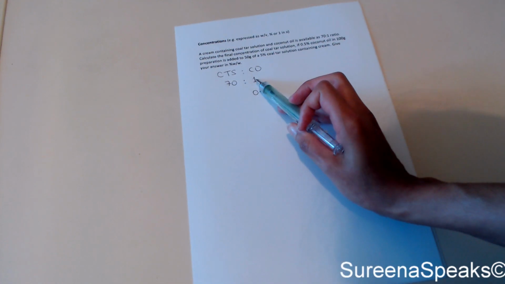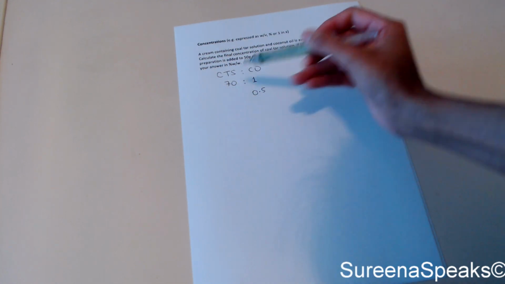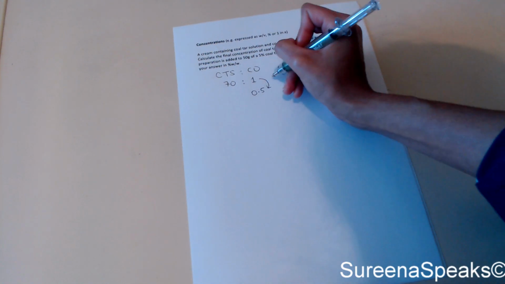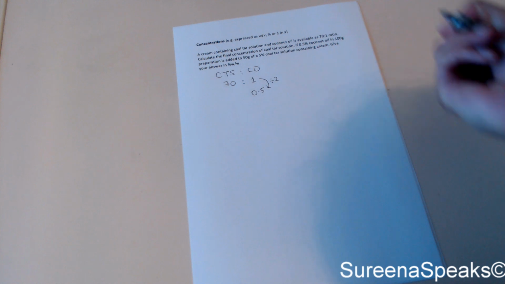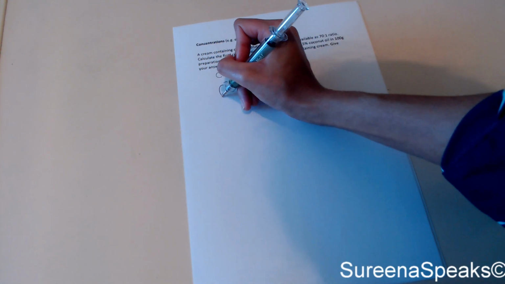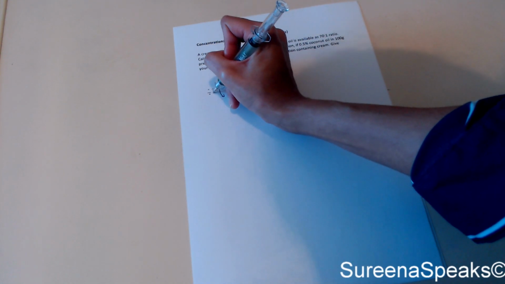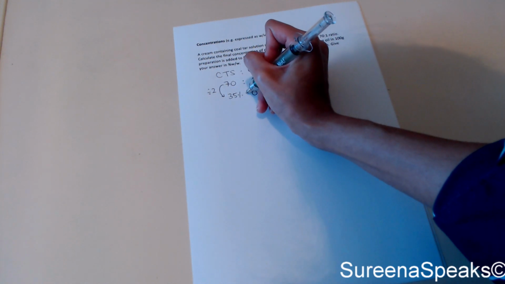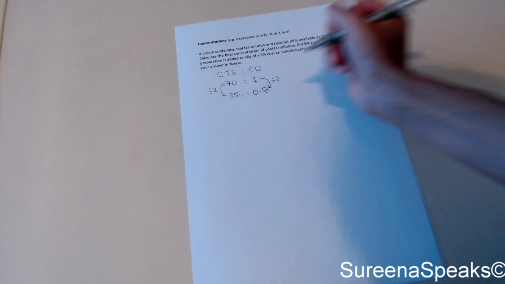So what we do to one side, we have to do to the other side. So to get from 1 to 0.5, you simply divide it by 2. So on this end, we're also going to divide by 2 to leave us with 35% to 0.5%.